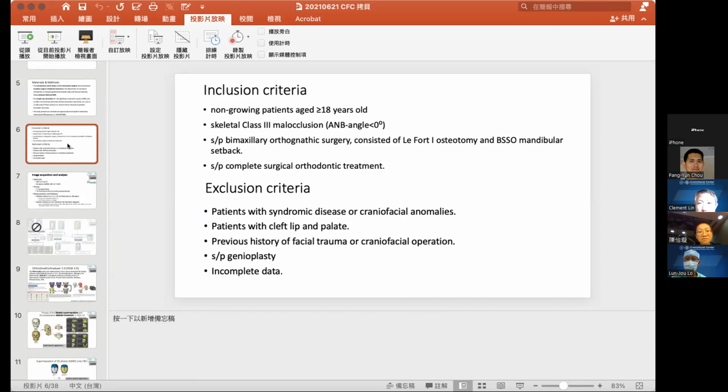Okay, thank you. Because if you include different groups of patients, there could be a significant difference in the cheek or the bilateral paranasal area.